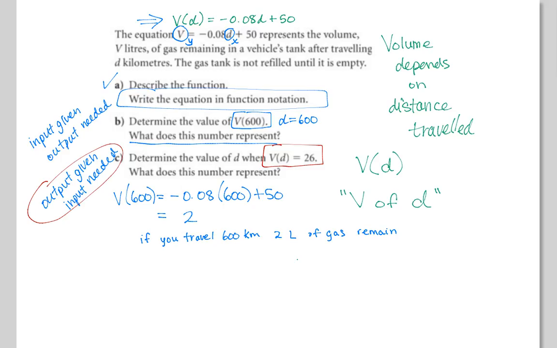So watch what I do here. 26 equals negative 0.08 d plus 50. You have to change the left side of the equation, the v of d, to 26. And then you have to solve for d using algebra. So this 26, it comes from up here.